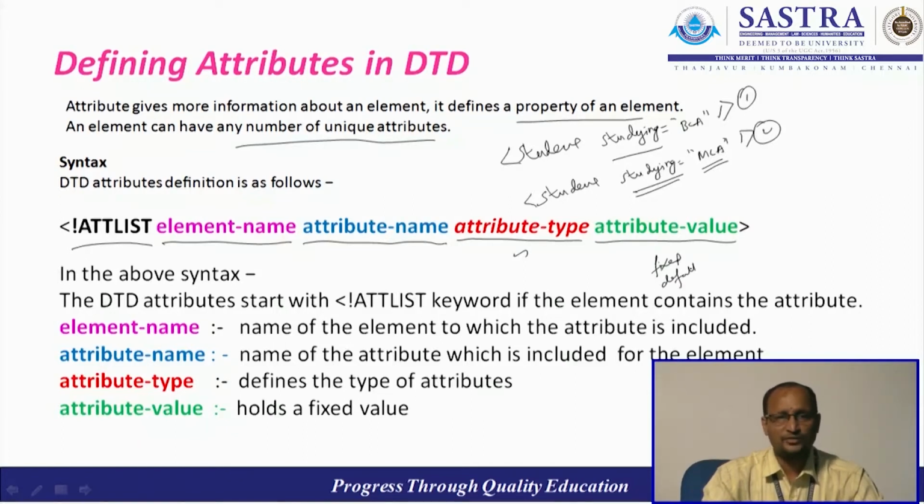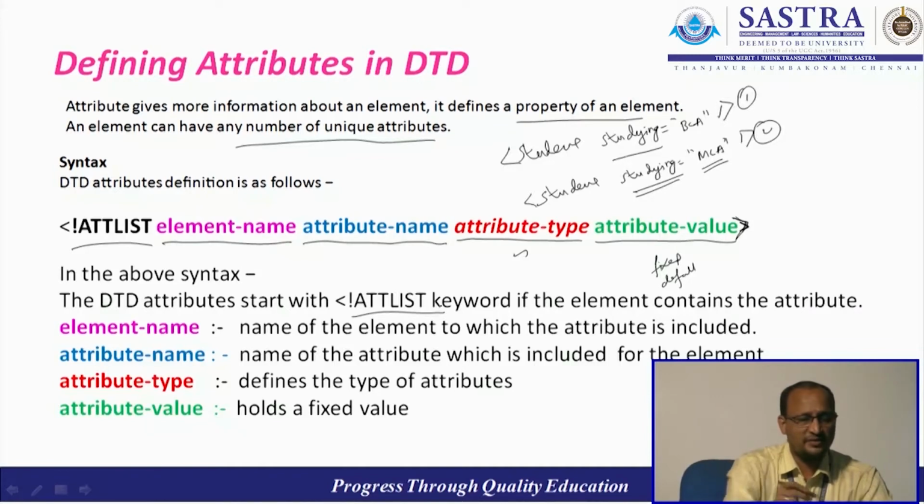So this kind of specification we can give in the attribute value type, and the declaration should be closed. This is the way we have to close the definition about an attribute. As I have mentioned, the DTD attribute definition starts with the ATTLIST keyword. This is the way an attribute can be defined.